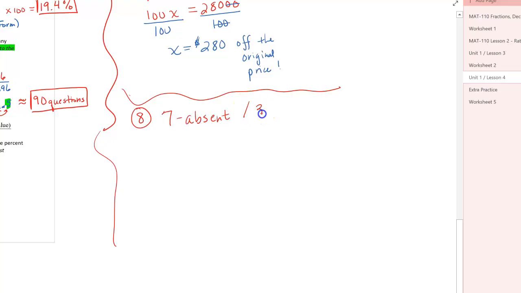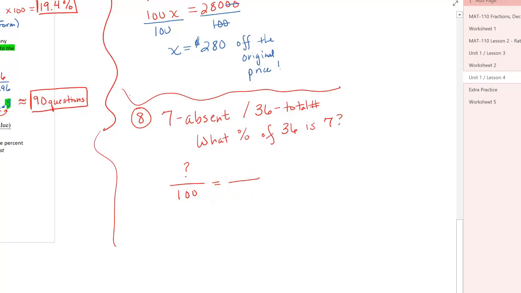The total number in the crew was 36. And we're asked to find this time what percent of 36 is 7. So what percent of the total number is 7? If I use my percent proportion, then I don't know the percentage, so I'll put that over 100.